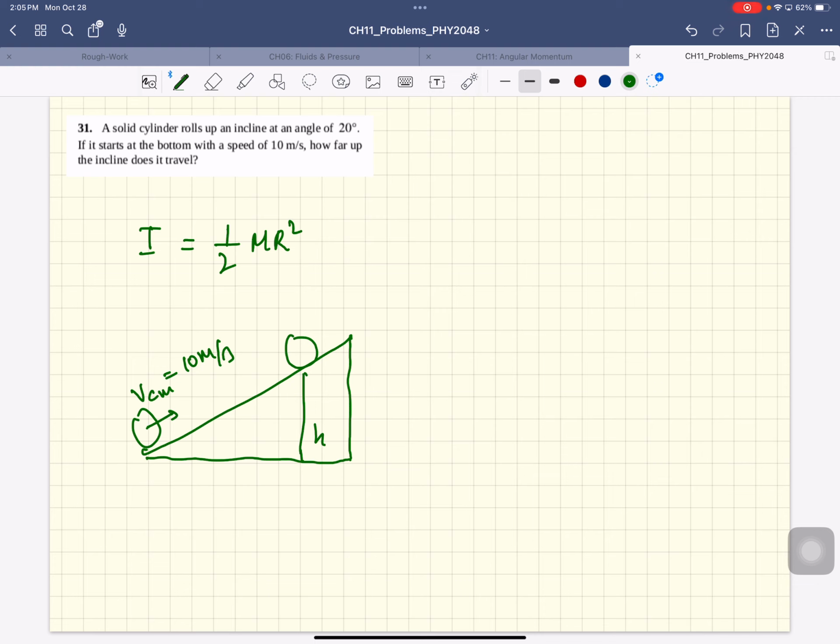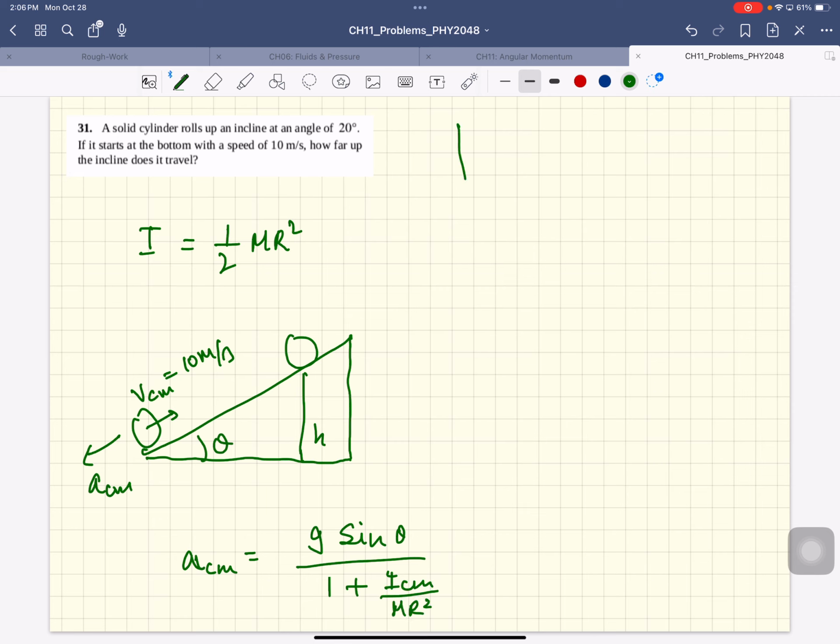All right, so its acceleration will be in that direction, and the acceleration will be g sine theta divided by 1 plus I center of mass divided by m r squared.